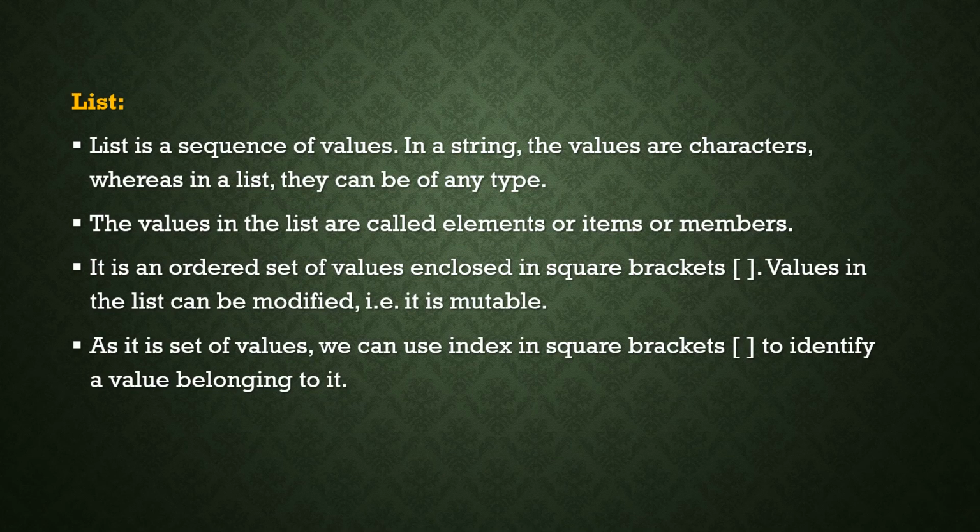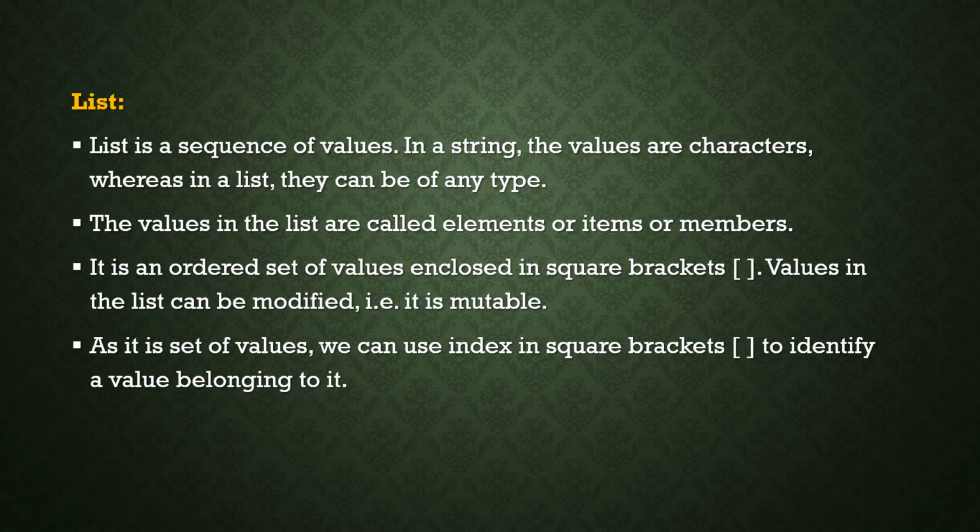It is an ordered set of values enclosed in square brackets. List means a collection of elements, or we can say items, enclosed within a pair of square brackets. Values in the list can be modified, that is, the structure is mutable, that means we can change or modify the contents.